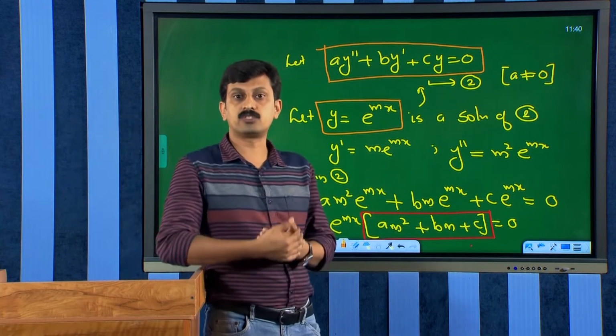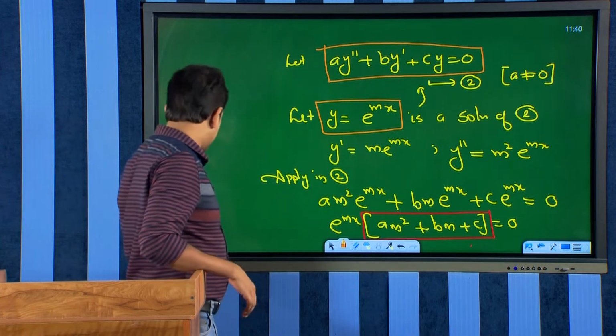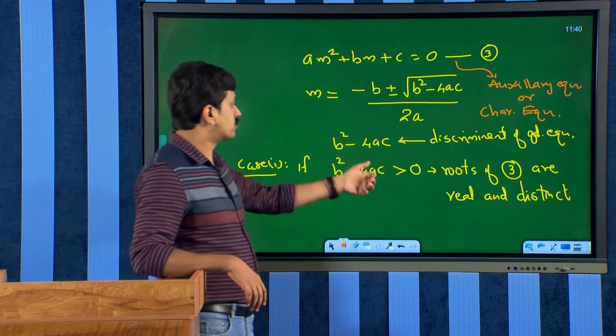There are three choices to get the solution. Maybe m may be real and distinct, therefore the choice of solutions are two.